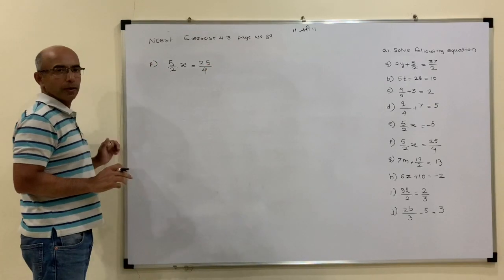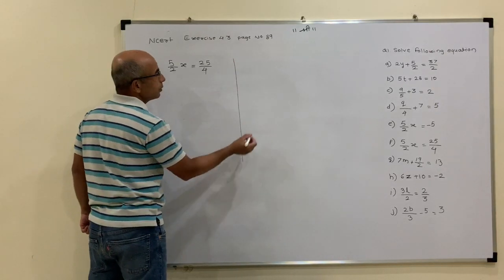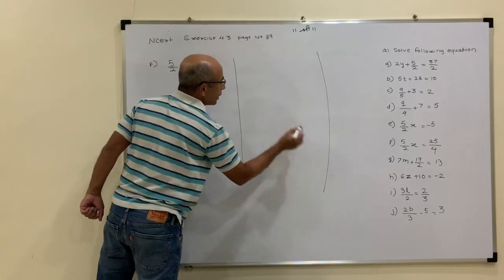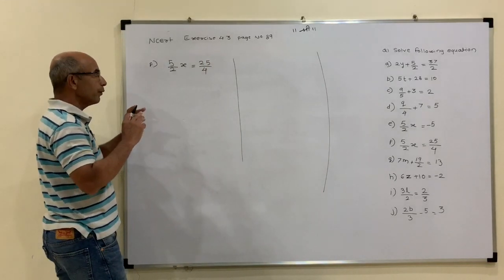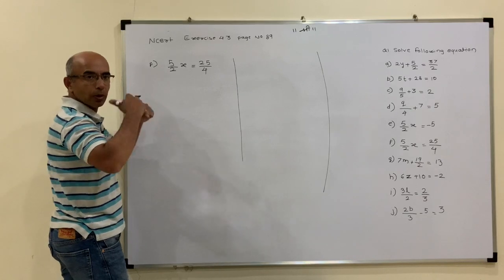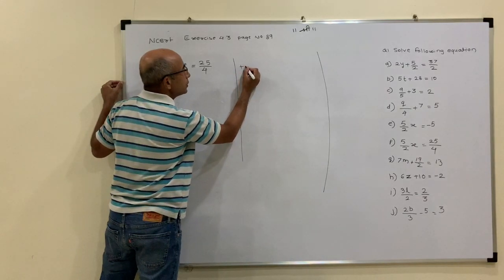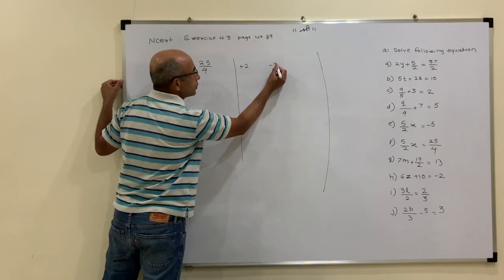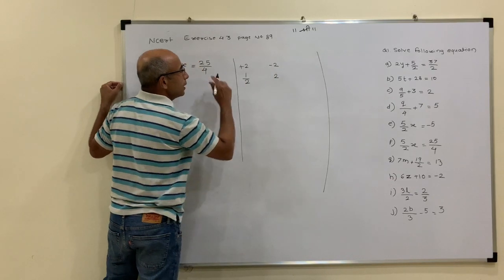Again, a similar problem. Now here you can do one thing. Actually you can think or learn it the other way around. When we transpose a number, we transpose a reciprocal of it onto the right hand side. So the reciprocal of plus 2 for addition is minus 2. The reciprocal of half is 2 in multiplication.